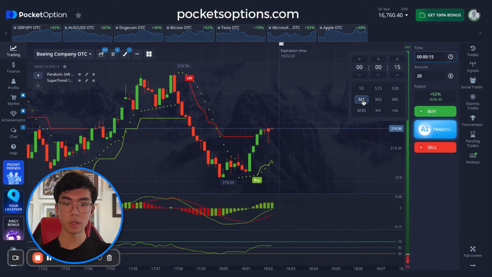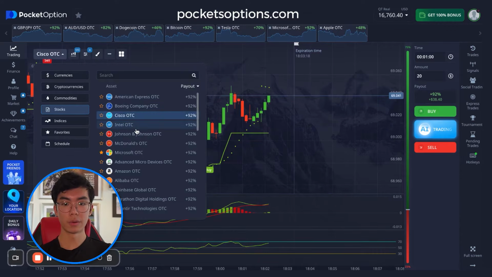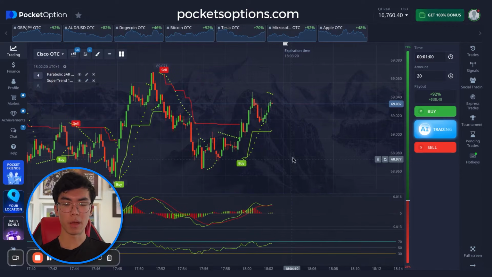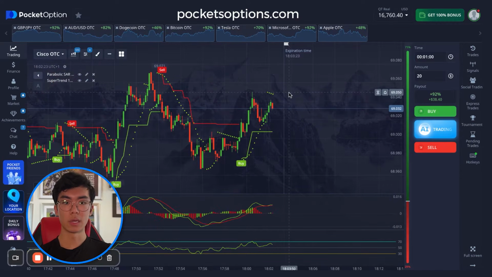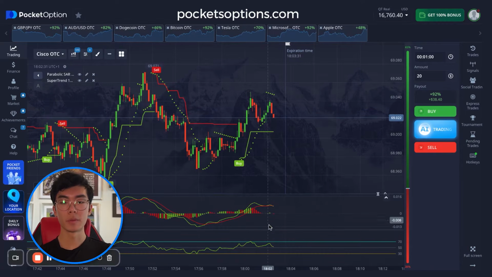So let's go back to that 1 minute marker right here. Let's look for some overbought, oversold. This one right here might be touching the overbought level soon. This might be a resistance level right around this level right here. So it has to go up a little bit, but see right now it's falling.